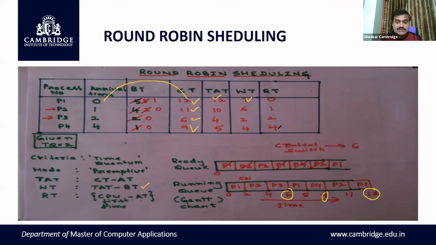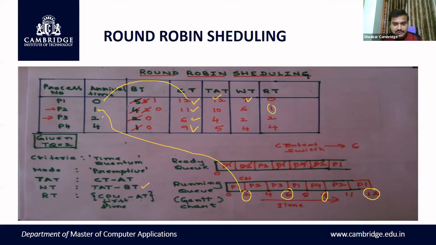Response time. What is this response time? When the process got the CPU for the first time minus arrival time. When did the process P1 get the CPU first? 0. What is the arrival time? 0. P2 got it first at 2. 2 minus arrival time of the process P2, that is 2 minus 1, which is 1.